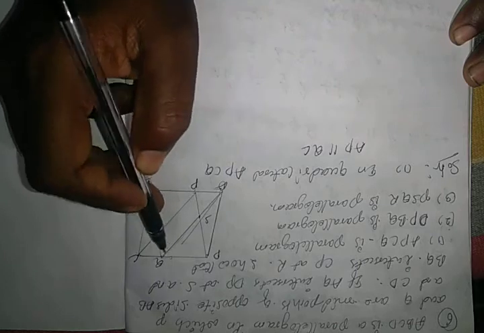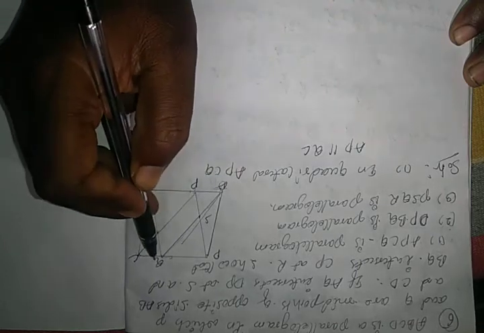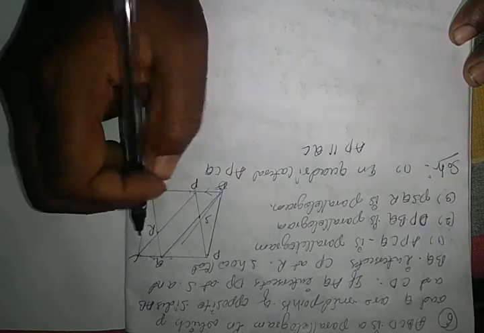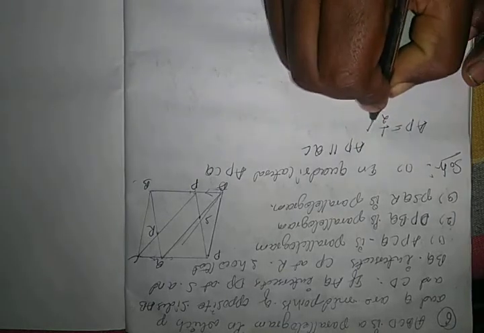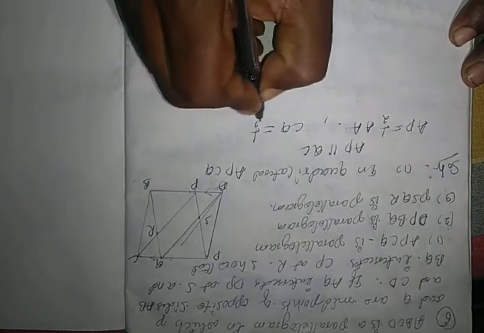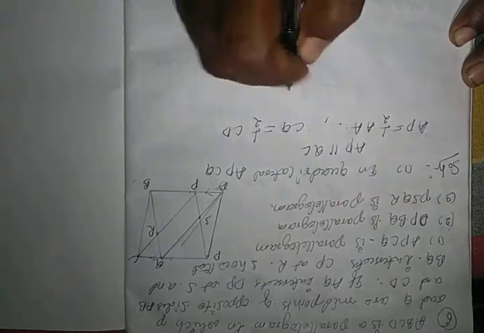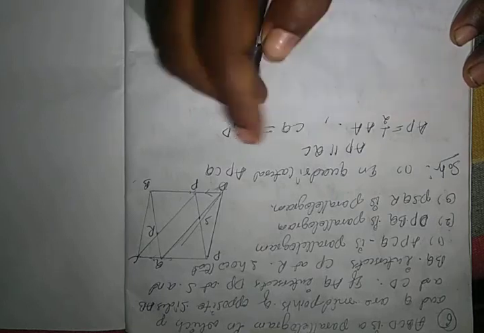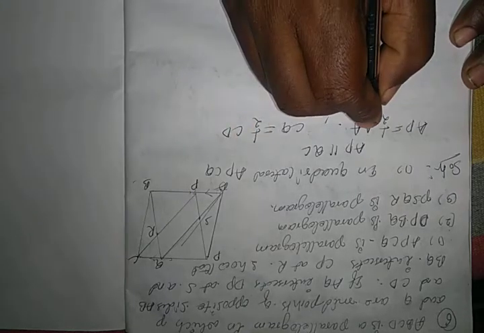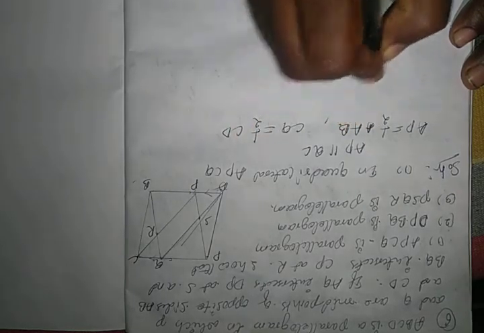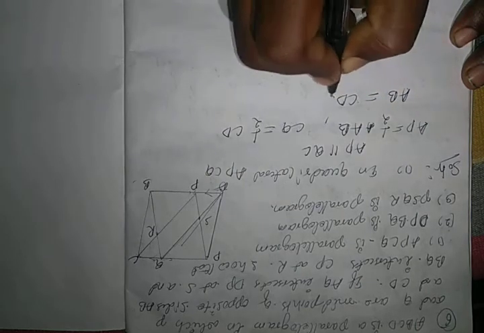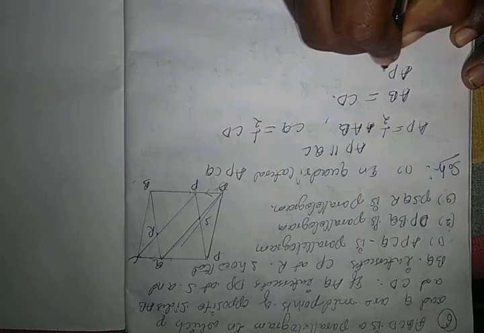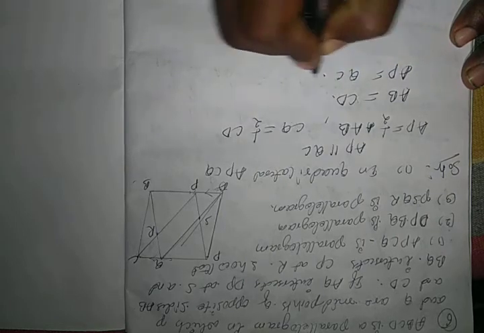In this, AP is parallel to CQ, so that AP is equal to half of AB and CQ is equal to half of CD. So the halves cancel, so that AB is equal to CD and also AP is equal to QC.